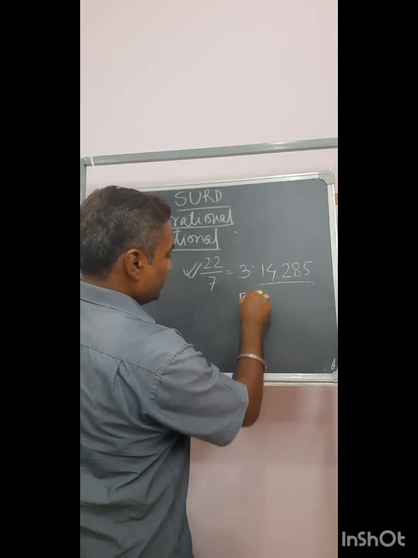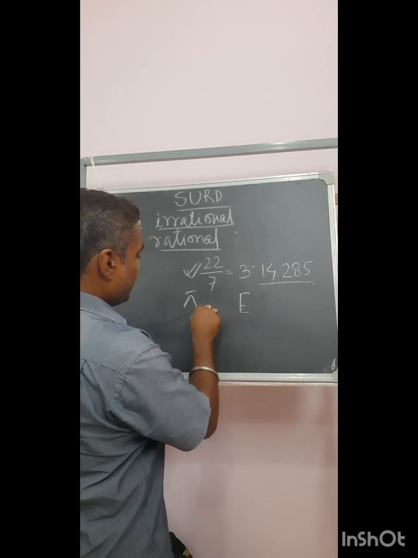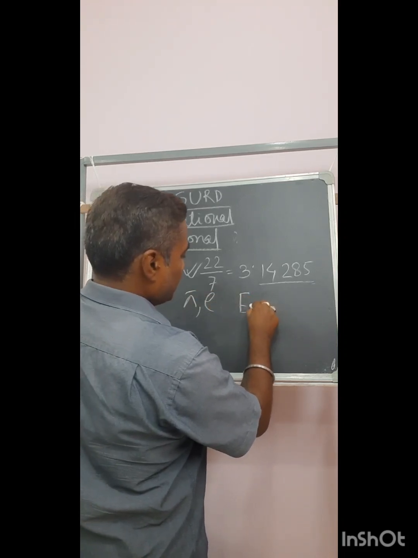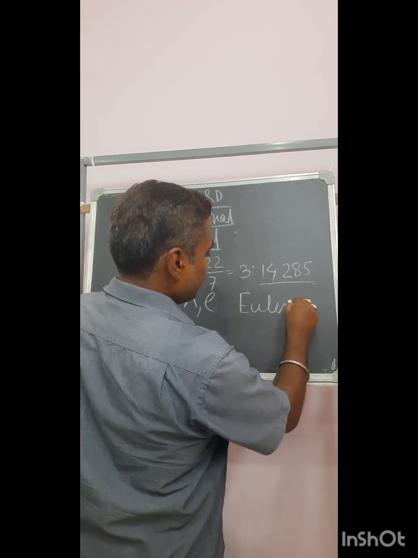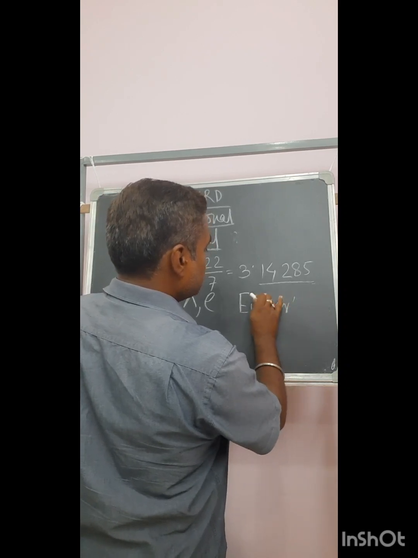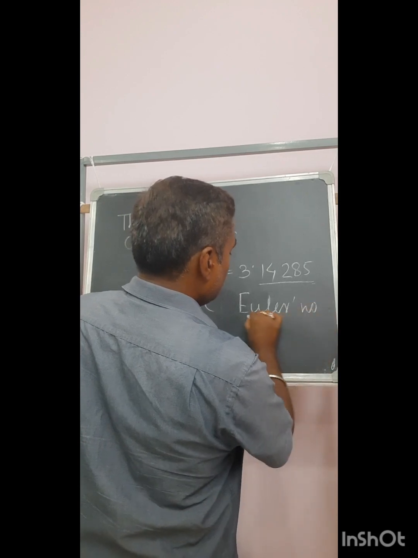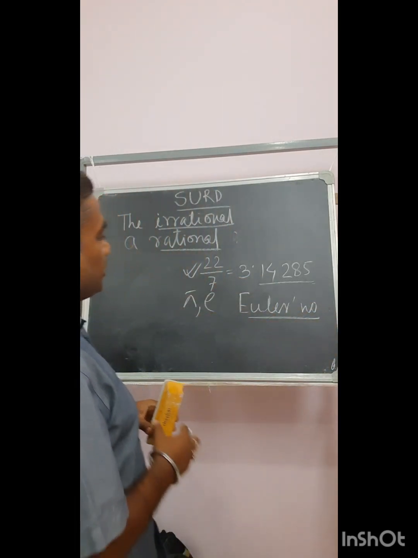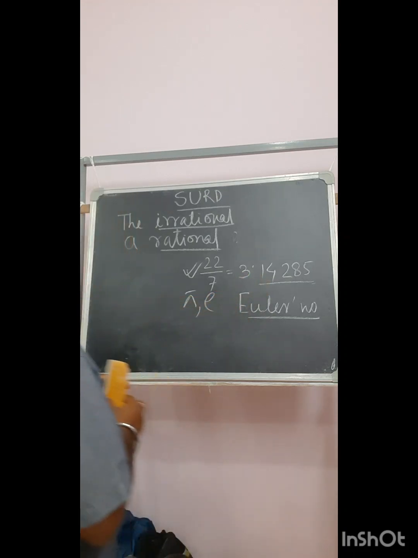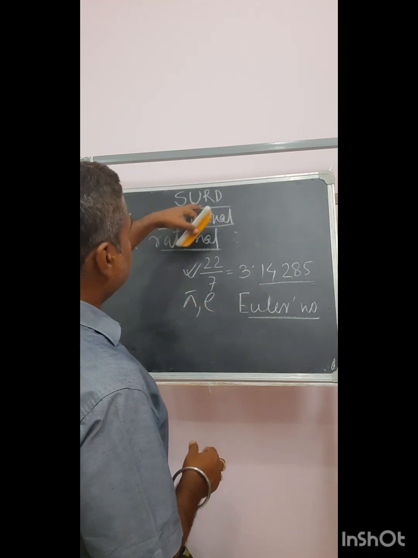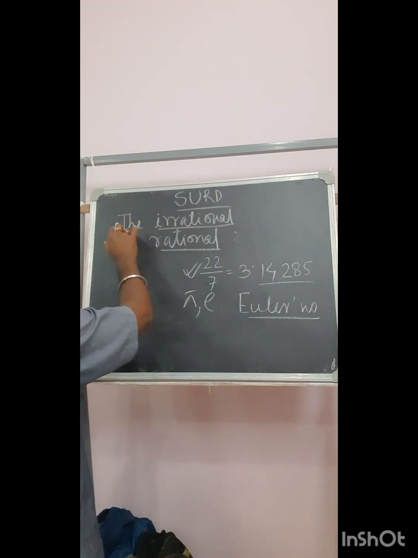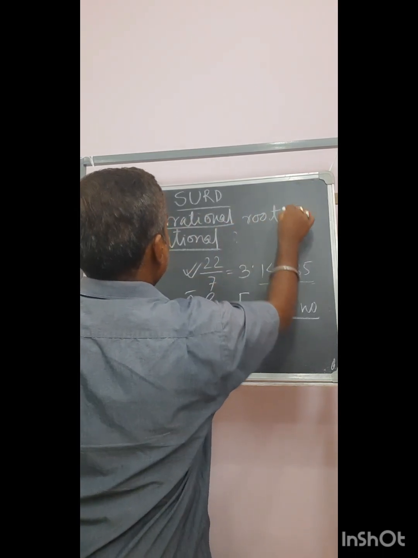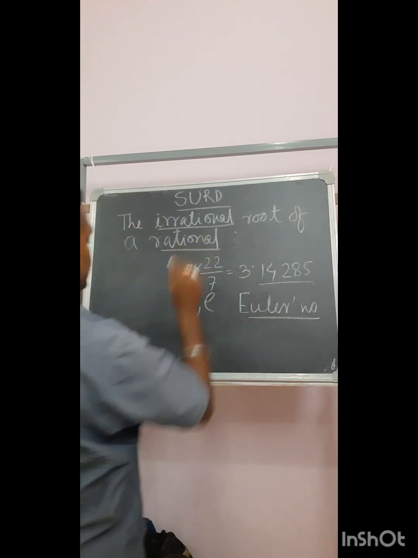But this kind of number, let's say pi, e, these are called Euler's numbers. Why am I saying this? Because as per the definition, a surd is such that I will get an irrational root of a rational number.